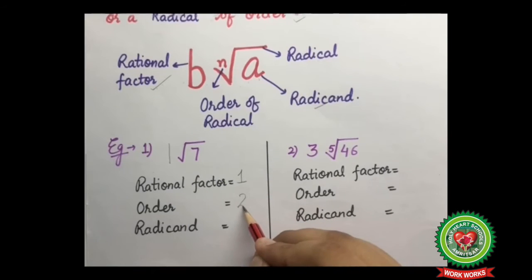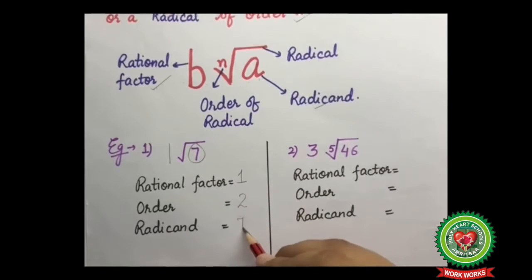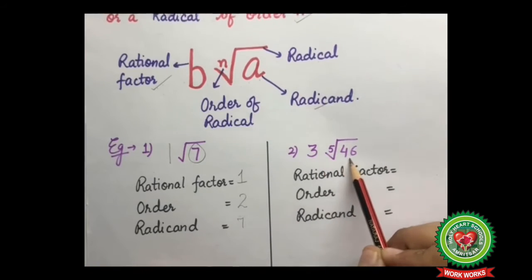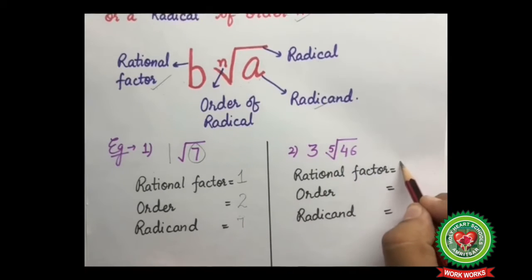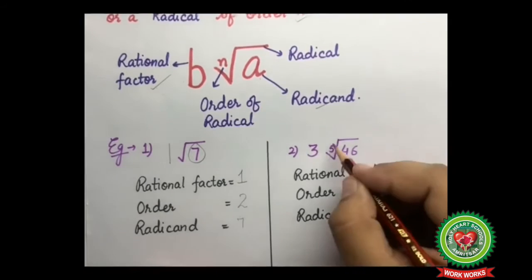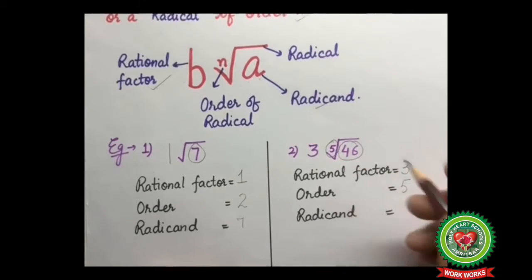So the order will be 2 and the radicand is 7. So let us have a look at one more example, that is 3 into the 5th root of 46. So what is the rational factor in this one? That is 3. What is the order of this one? That is 5. And what is the radicand? The radicand is 46.